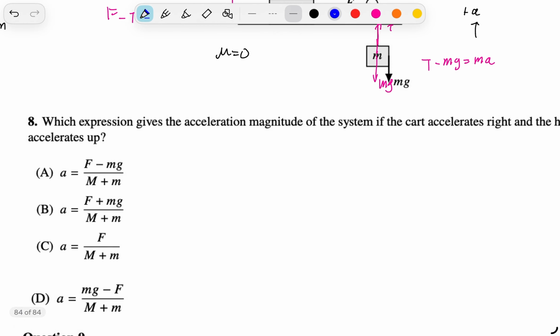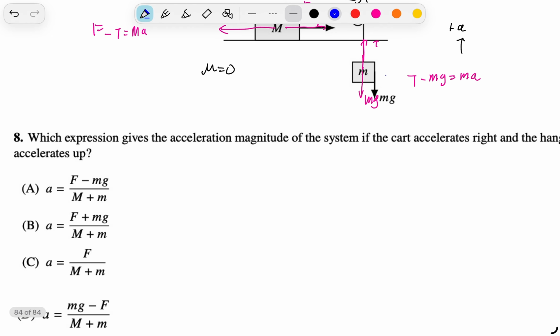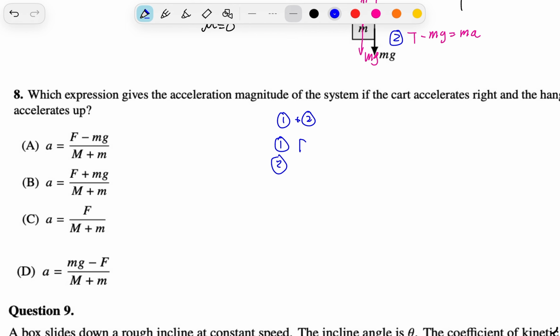Now, let's add our equations together. This is going to be equation 1, and this is going to be equation 2. 1 plus 2. So let's line them up. We have F minus T is equal to Ma, and T minus mg is equal to ma. So you can see that tension's just canceling out.